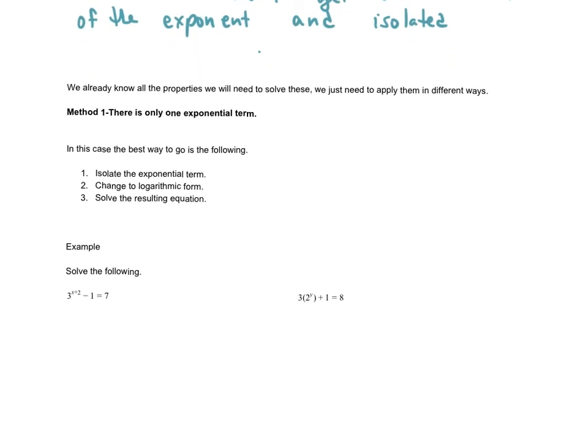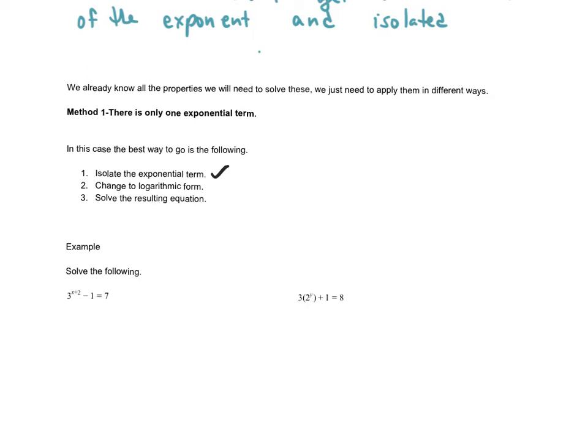The first method is there's only one exponential term. So there's only one term that has an exponent in it. So if you have this one, this is kind of the best case scenario. This is our basic one that most of us did in Algebra 2. We will just get the exponential term by itself. So we'll get whatever has the variable in the exponent by itself.